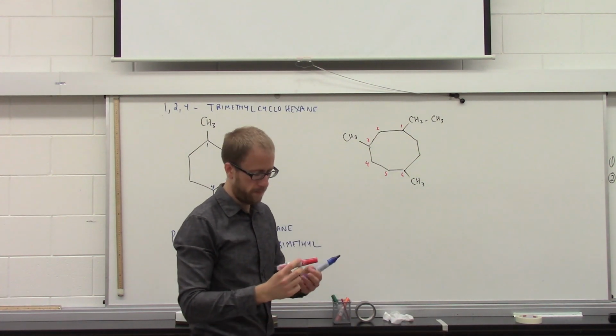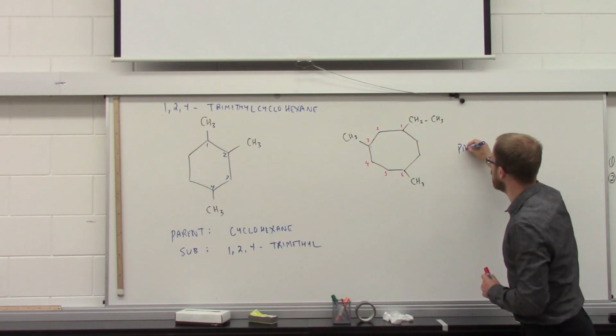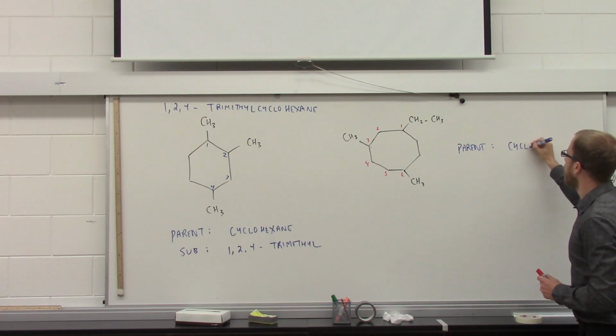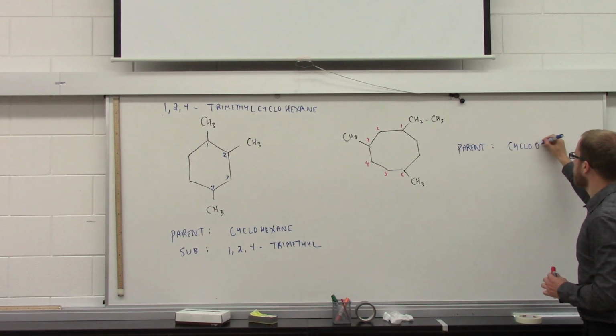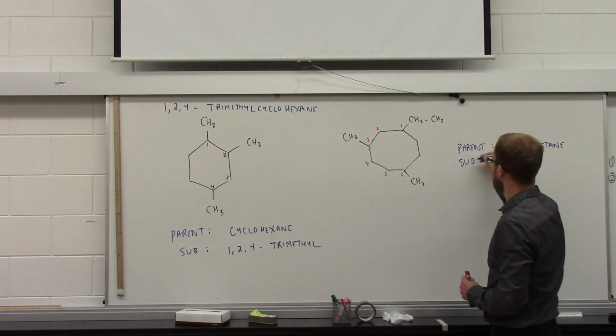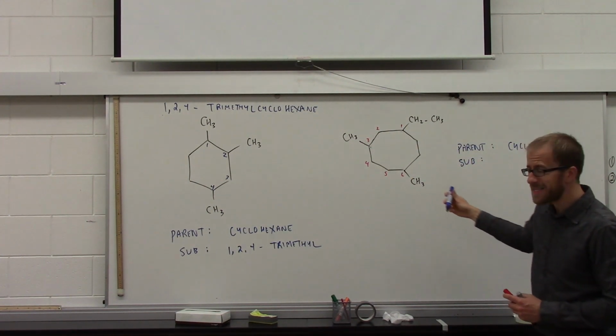carbon 1. So again, let's list our parent chain. Our parent chain here is cyclooctane, and we have substituent groups at 1, 3, and 6.